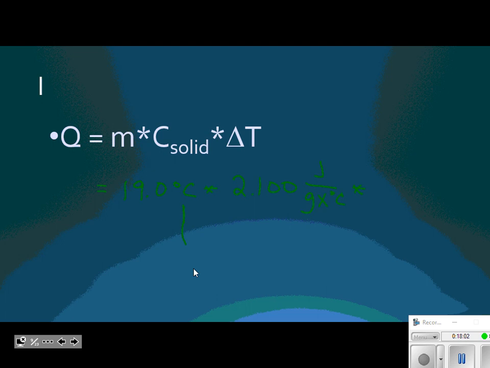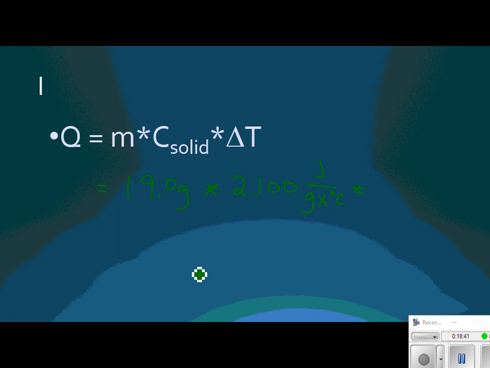Come on. All right, we're just going to change it. Maybe my whole board is not going to work now. Let me see if I can reset it. We got it. There we go, 19.0 grams.